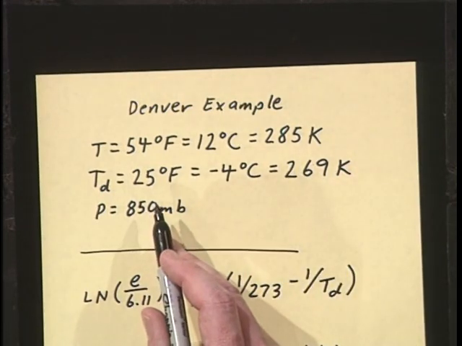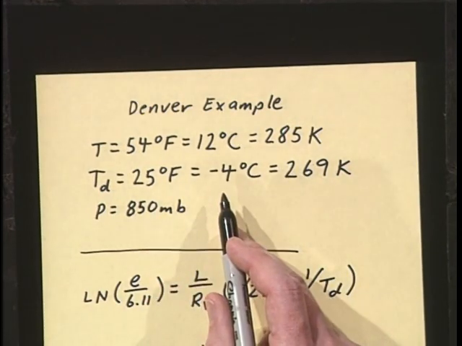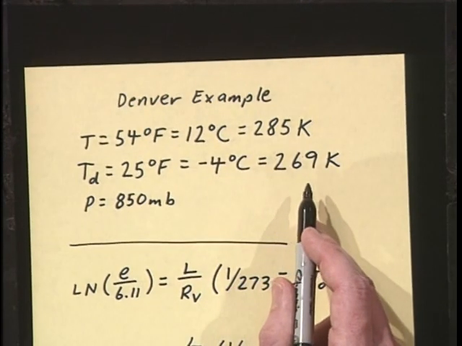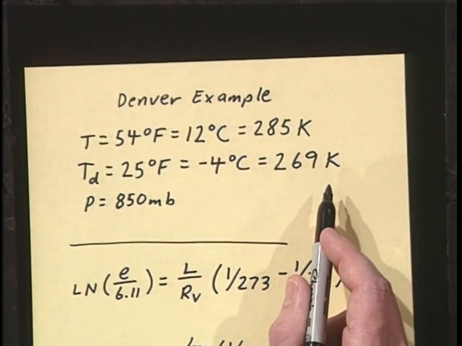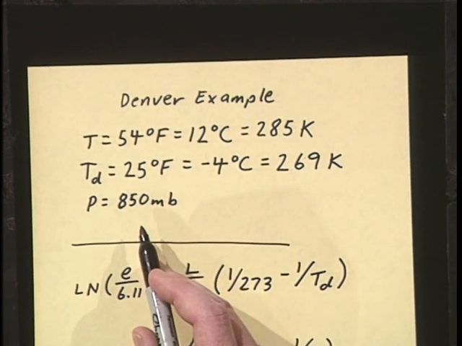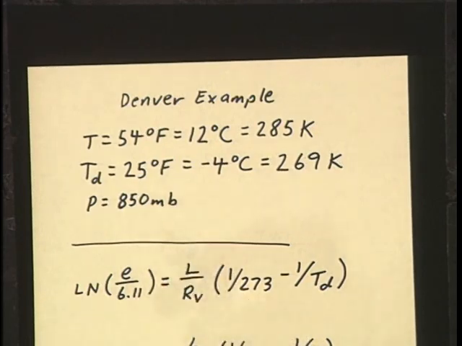Our dew point is 25. That converts to -4 in Celsius, and 269 Kelvin for the dew point, and the pressure was given as 850 millibars.